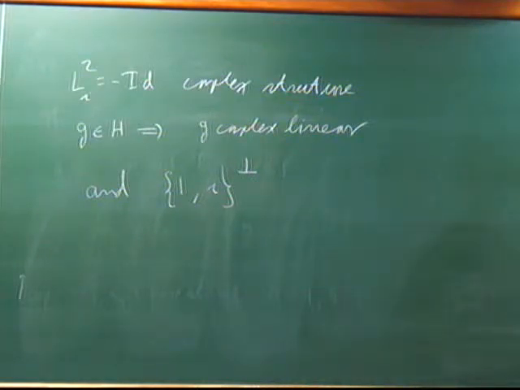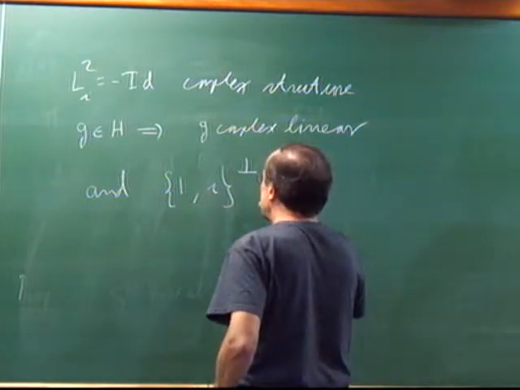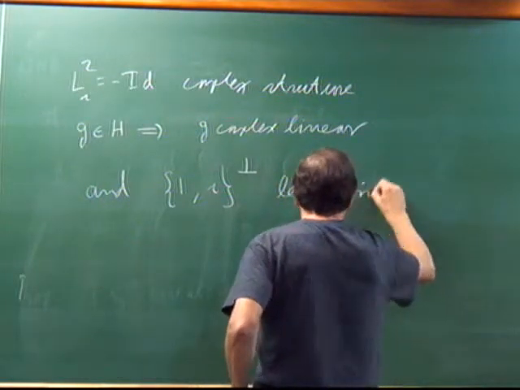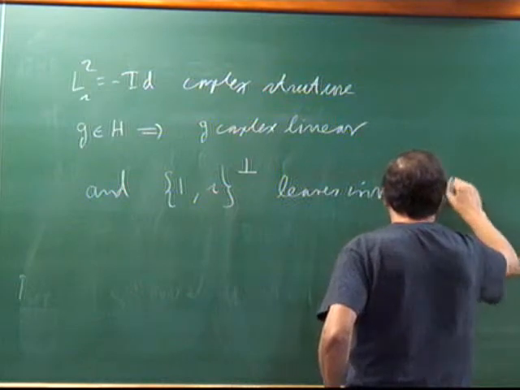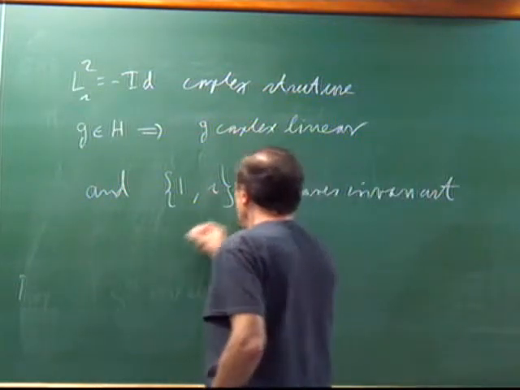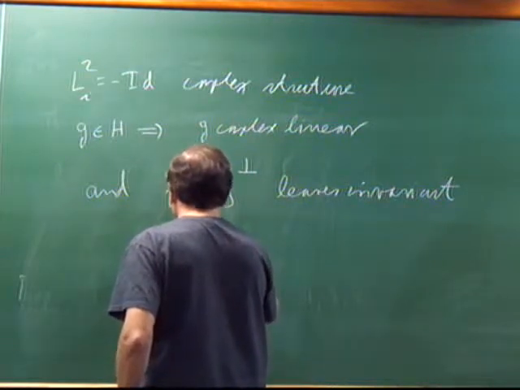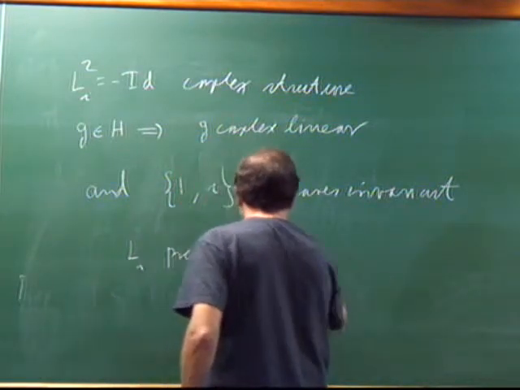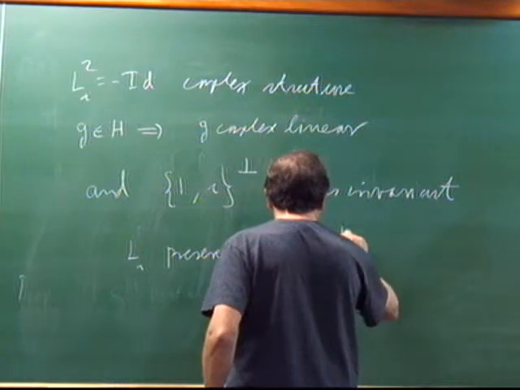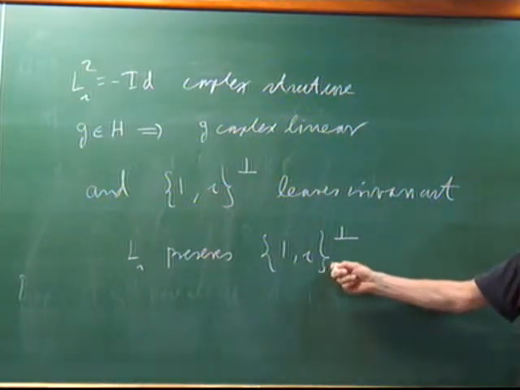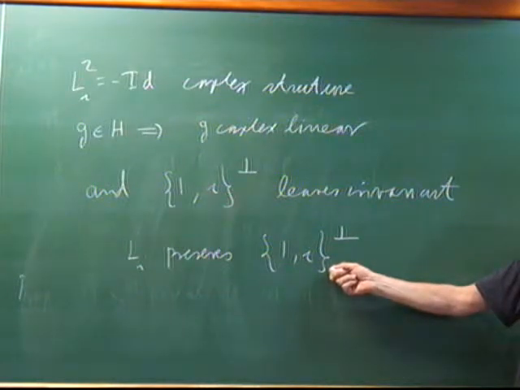That's an isometry, and leaves the space invariant. And Li also preserves the space. So I get a complex structure on this vector space. G acts on it and commutes with the complex structure.